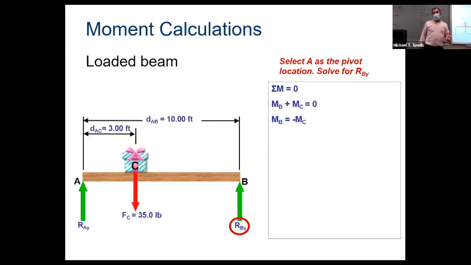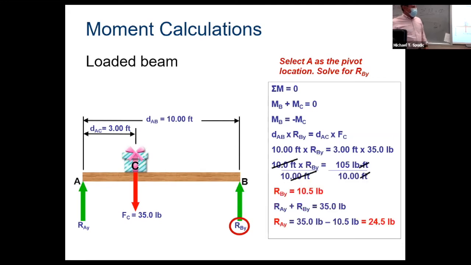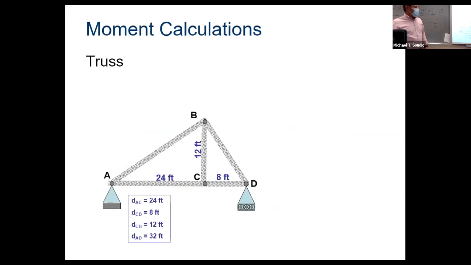Always pick the pin as your pivot point when you're dealing with moments. What this drawing shows is you have C trying to cause the moment to go one way, and you have B trying to cause the moment to go the other way, but they both have the same pivot point of A. All righty? All this calculation stuff you could do, I'm not going to do right now, but we will do it in a little bit.